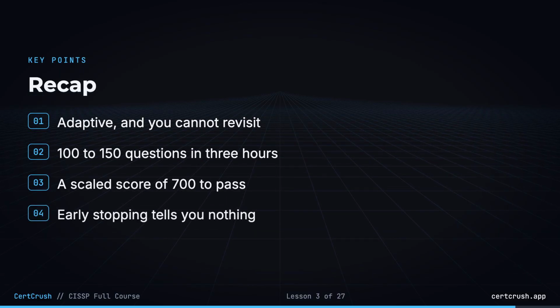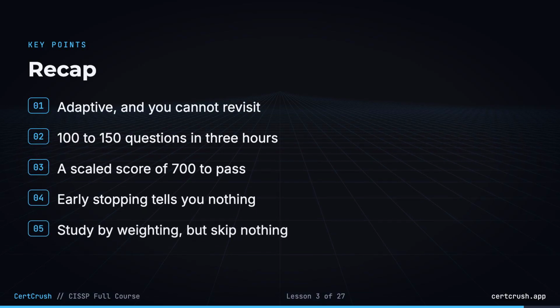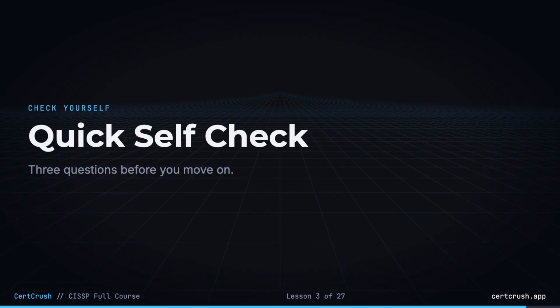Early stopping happens at both pass and fail, so the number of questions tells you nothing about your result. Spend study time by the domain weightings, with domain 1 the largest at 16%, and domains 2 and 8 the smallest at 10%. But never skip a domain, and expect mostly multiple choice, plus a few drag and drop and hotspot items.